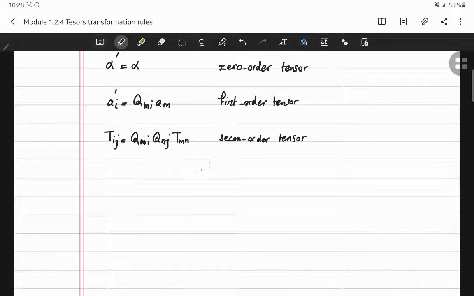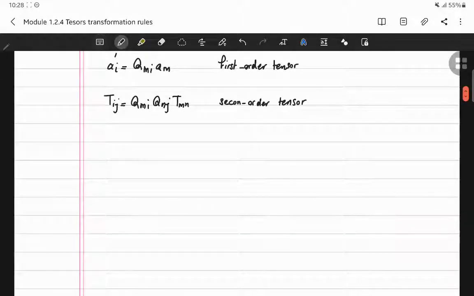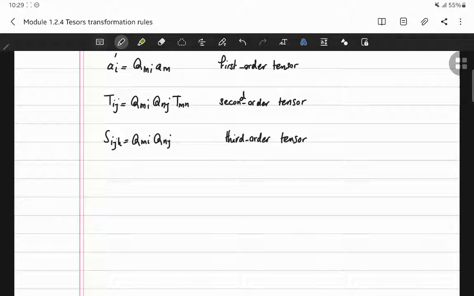All right, so what do we do for a third order tensor? For a third order tensor, we follow the same pattern here. If we have S'_ijk, then we have Q_mi Q_nj Q_rk.